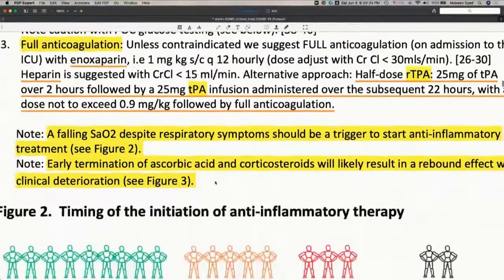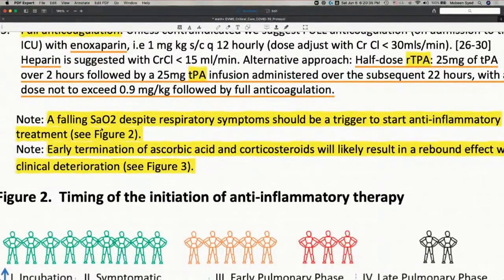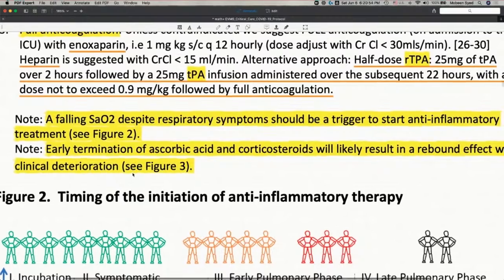Now, what they're saying is, falling oxygen saturation level, despite respiratory symptoms, should be a trigger to start anti-inflammatory treatment. And so we've talked about it, the steroids. Early termination of ascorbic acid and corticosteroid will likely result in rebound effect.